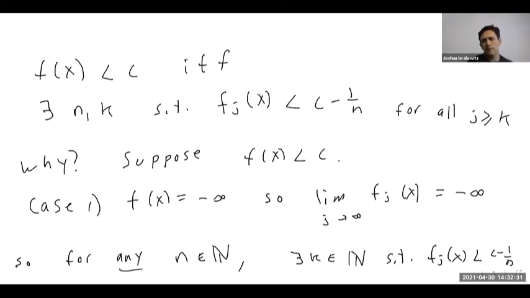I mean, fj is eventually less than anything. So pick any natural number n whatsoever.